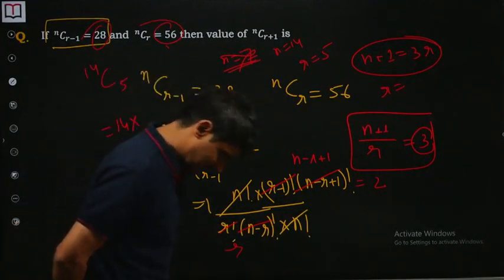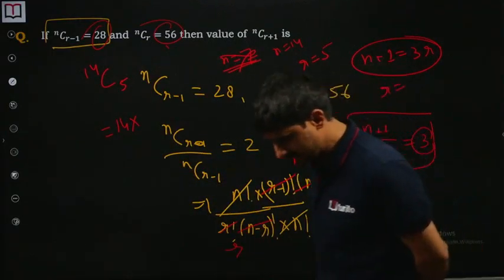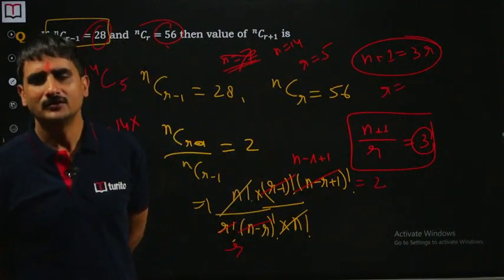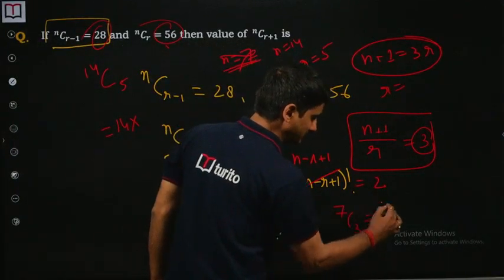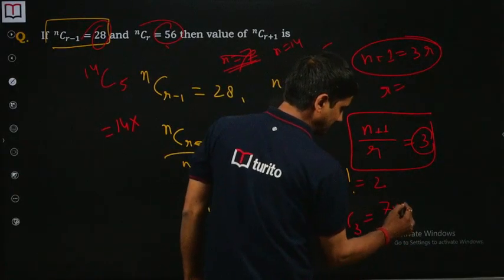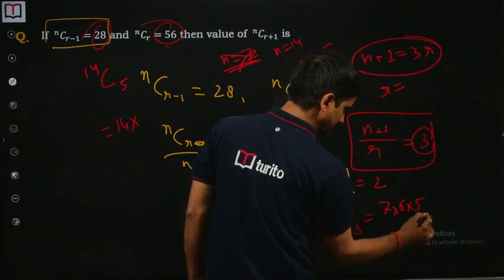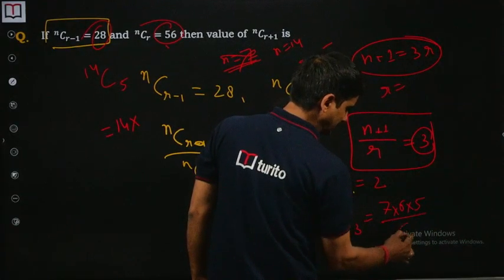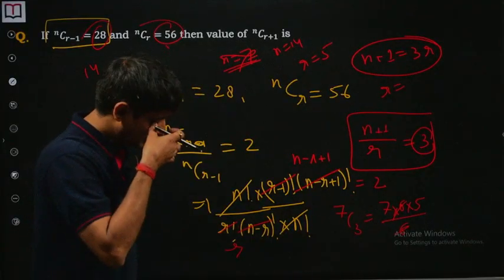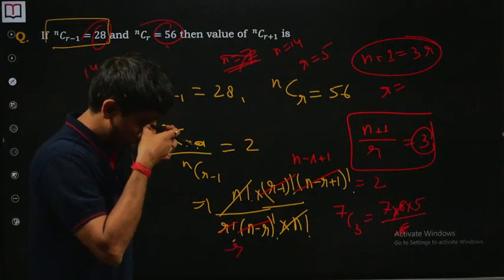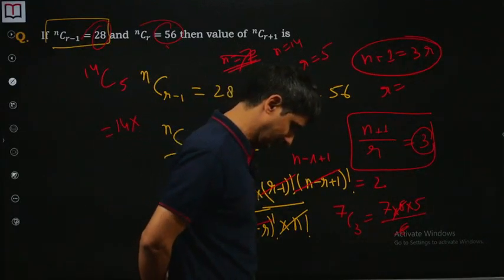So if we go for 7C3, what is it, bacho? 7 into 6 into 5 upon 6, 35. Okay, so 7C4 will be the same thing. 7C2 will be 21. Don't we get 28?